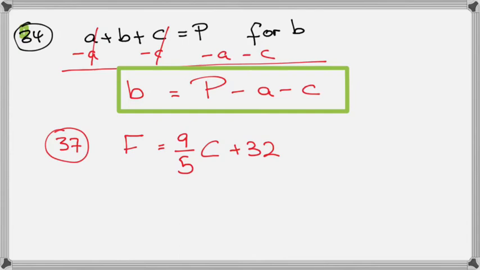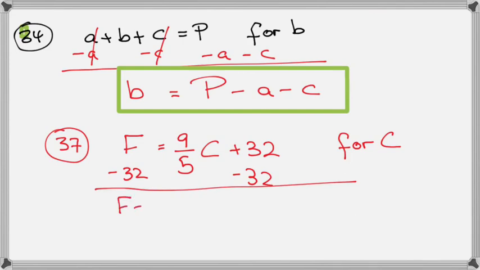Okay, what are we solving for? For C. Celsius. Actually, if you have the book and look at number 38, that is the answer. They kept it as a distributive property, so they said, let's get rid of the 32 first.